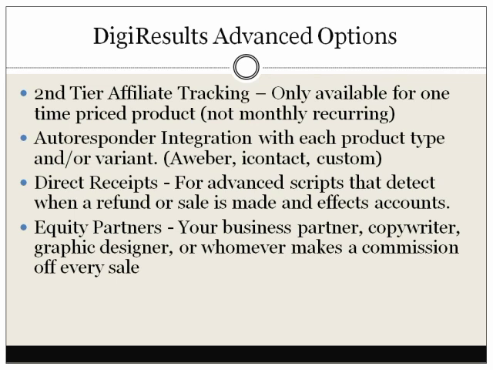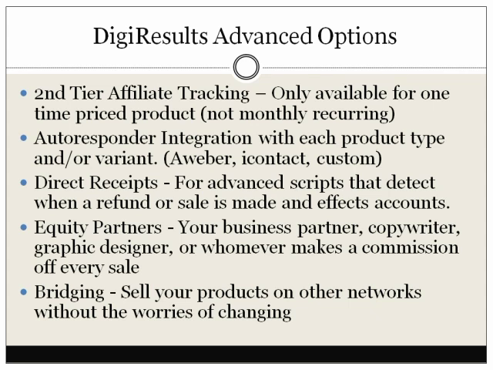But the $10, if your equity partner, your business partner, gets an additional 50% and you get 50%, then Digi Results is going to set it so it's going to pay the affiliate, and then what's left over is $10. So your business partner is going to get the 50%, which is $5, and then you're going to get the $5. So the beauty of all of this is it's all automated and instant.